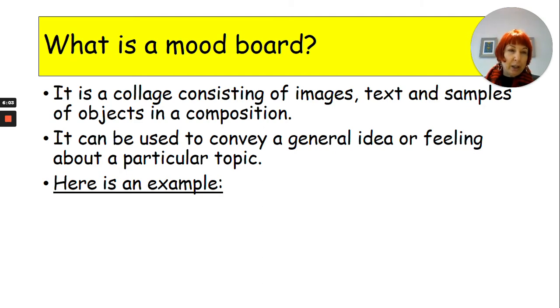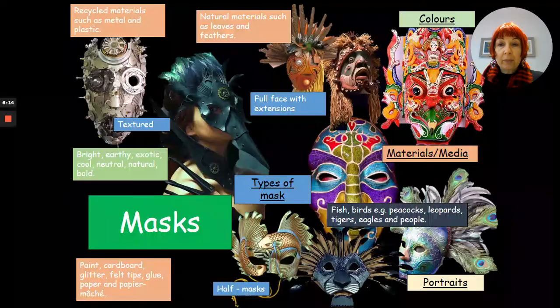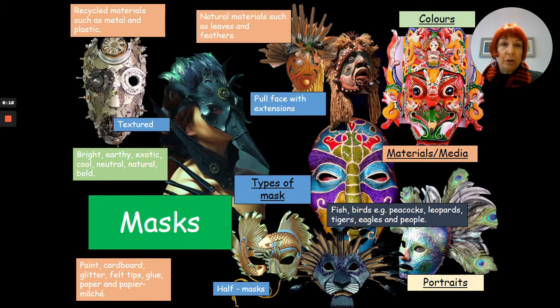So when you look at your mood board, you should get a real feeling that our topic is masks, and of all the inspiration or images that you've gathered together, put together to give you some inspiration for your own designs. And here's an example of a completed mood board which I created.